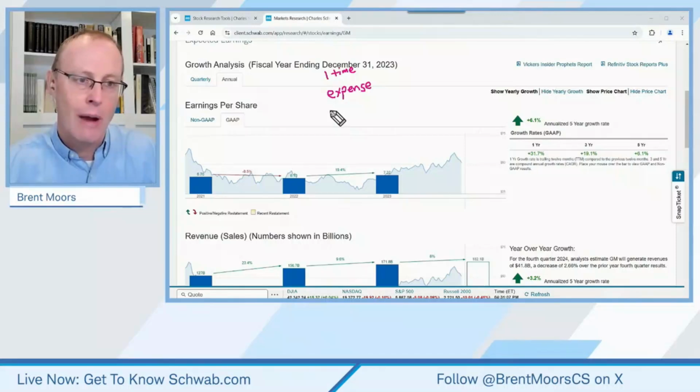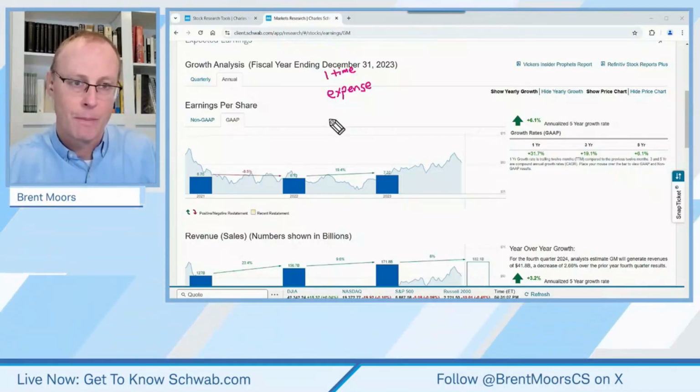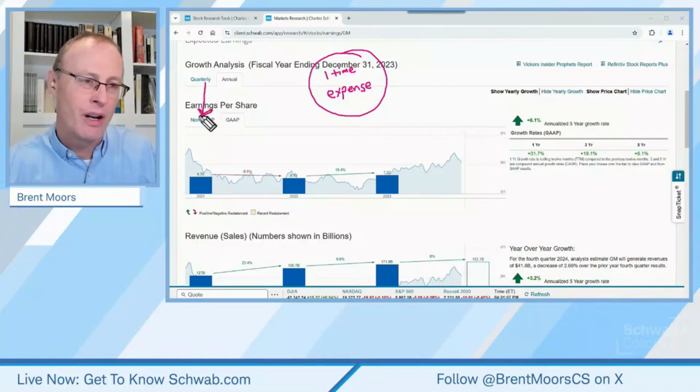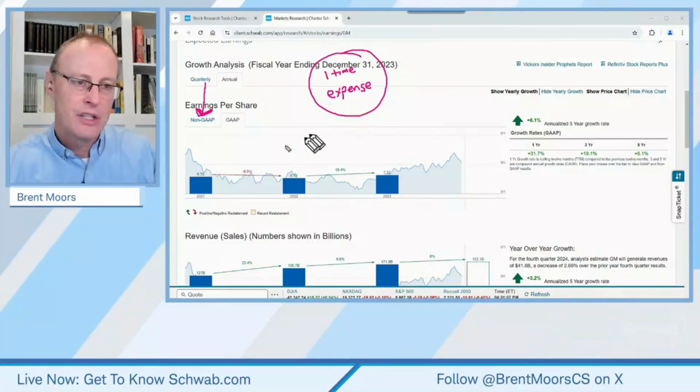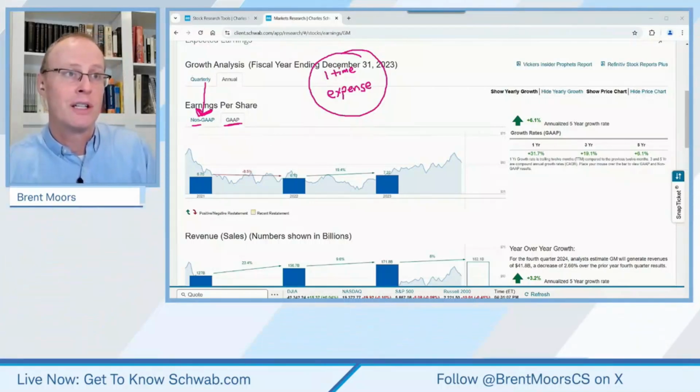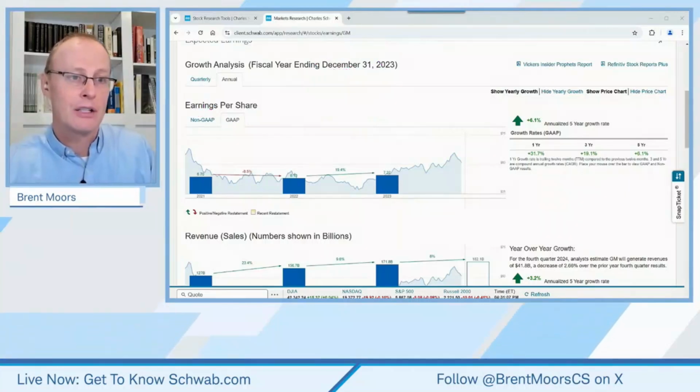It doesn't really tell you how that company is doing in terms of their operations. And so generally these one-time expenses or areas of revenue are excluded from the non-GAAP. So they'll go, well, we're going to look at the non-GAAP because it's going to take out some of this one-time stuff. So this is kind of the standard GAAP, but sometimes people want to see what that non-GAAP is. So great question there, Sandeep. That's what that is, though.